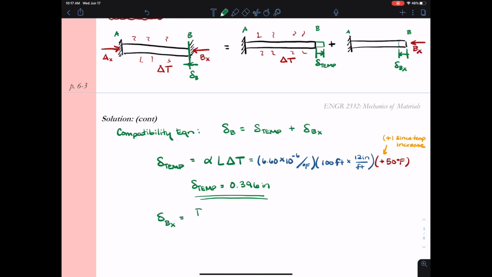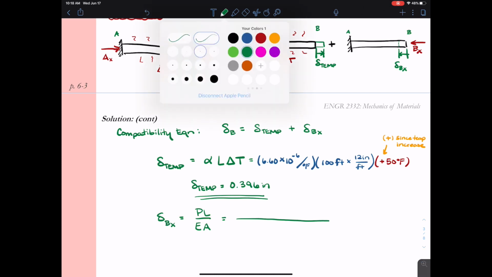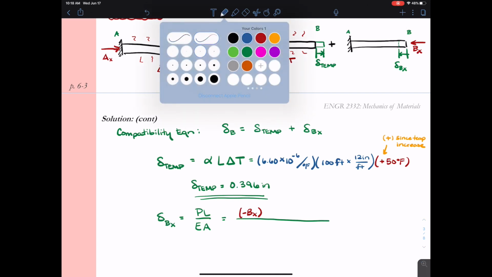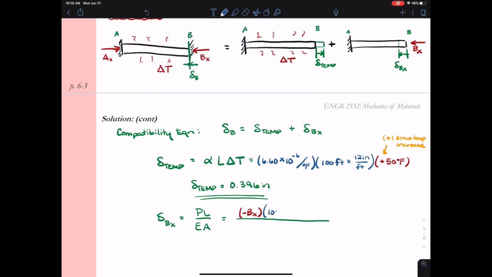Now the force Bx causes compression along the entire length of the bridge. When I look at the material law for forces, my material law is Hooke's law, PL over EA. So I plug in my axial force. The axial force in the member is equal to the reaction Bx, and it's going to be negative because it's in compression.